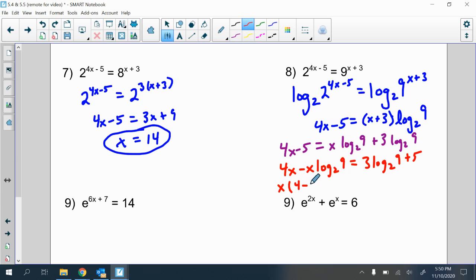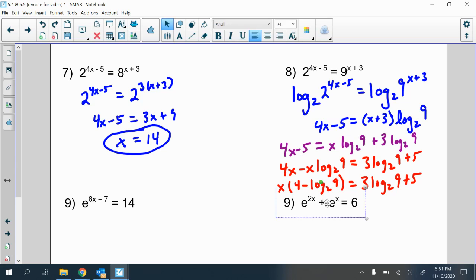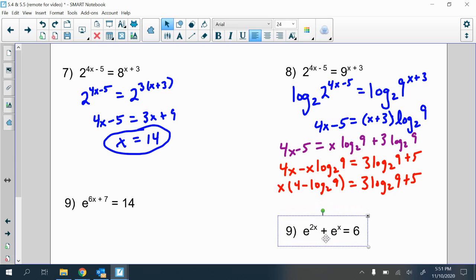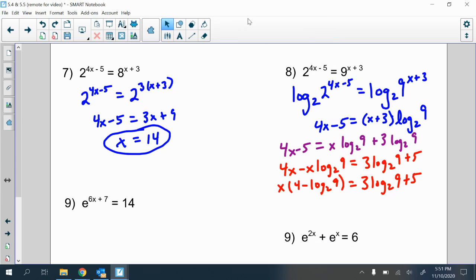So I have 4 minus log base 2 of 9 times x equals 3 log base 2 of 9 plus 5. And then my final answer, I need to make a little more room for myself.